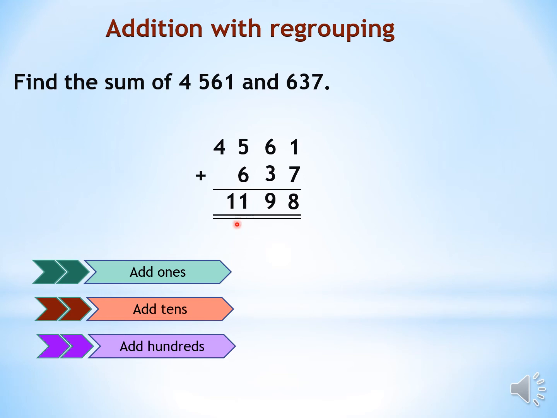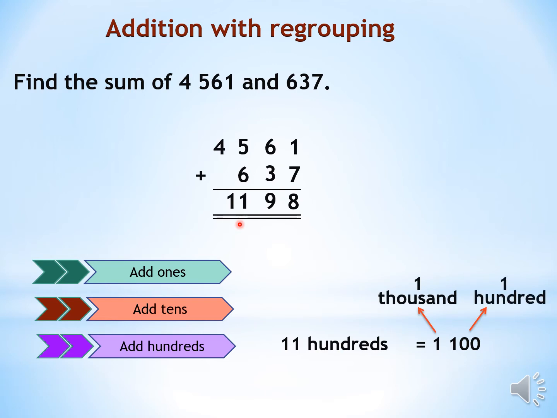We'll see. Altogether here you can see 11 hundreds. So 11 hundreds can be regrouped as 1,100, which means there are 1,000 and 100.